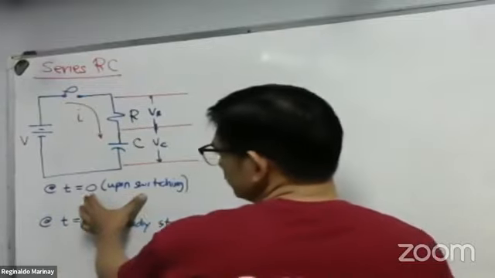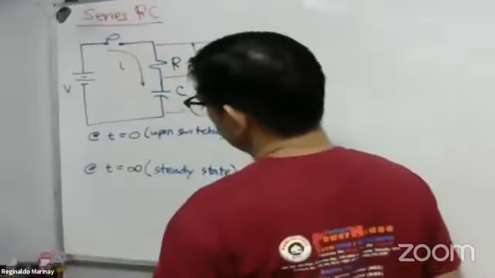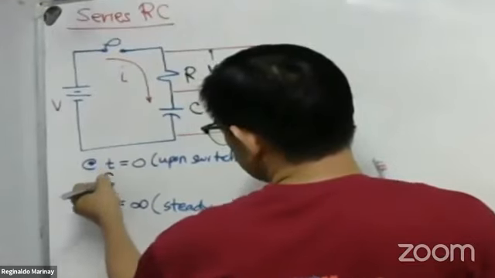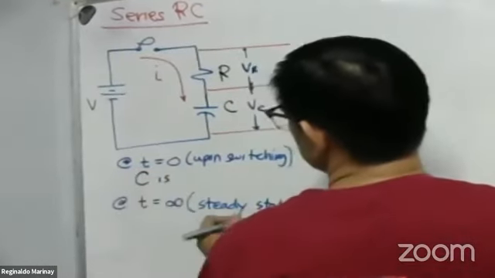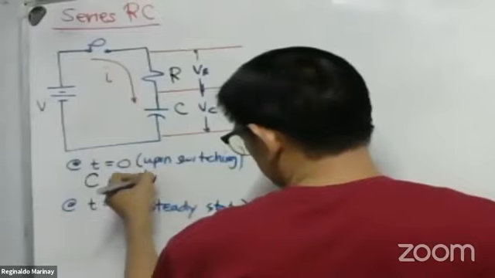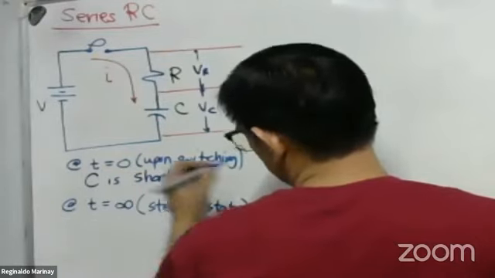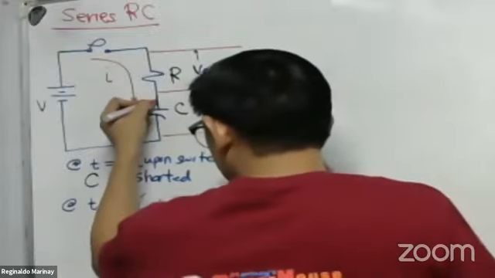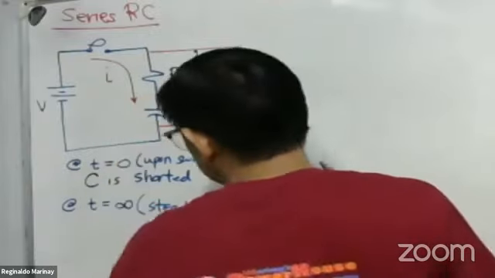So upon switching, at time t is equal to 0, our capacitor, our C is shorted. Shorted siya. Okay, maglagay tayo ng short circuiting conductor. So, shorted daw yung capacitor natin.